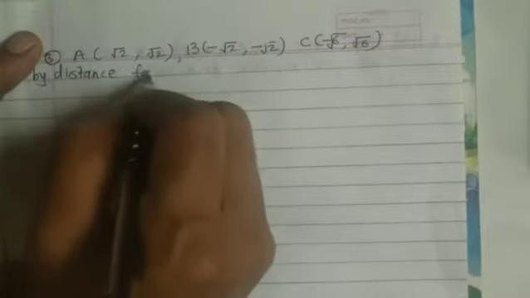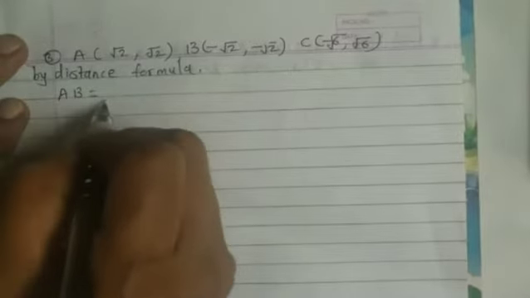The third example is here. A is 2 root 2, B is minus root 2, C is minus root 6 plus root 6. Now here we are simplifying again by the distance formula.